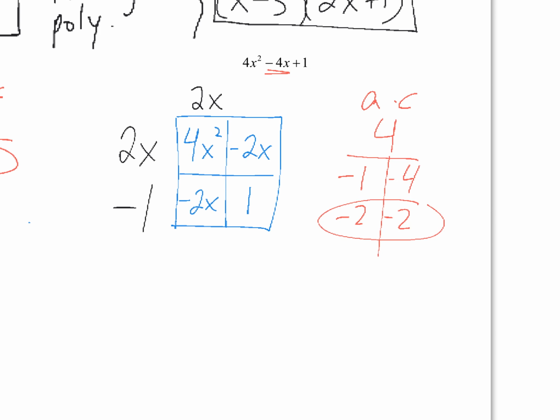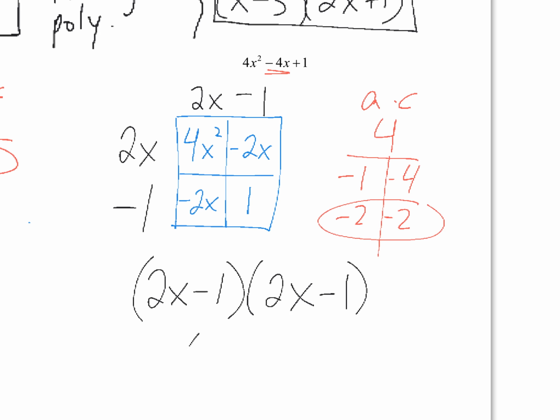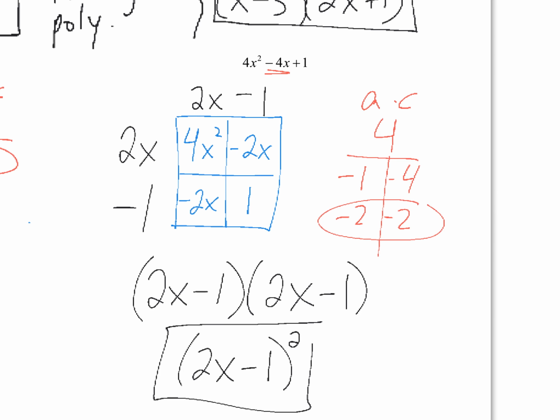And here, if the first term's negative, we want to factor that out. So negative 1. My factors are the same: 2x minus 1, 2x minus 1. A lot of the times you'll see that also written as 2x minus 1 squared because they appear twice. So either one I'd accept, but sometimes people shorthand it like that.